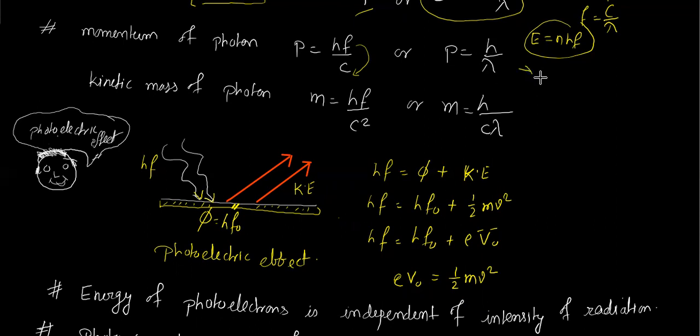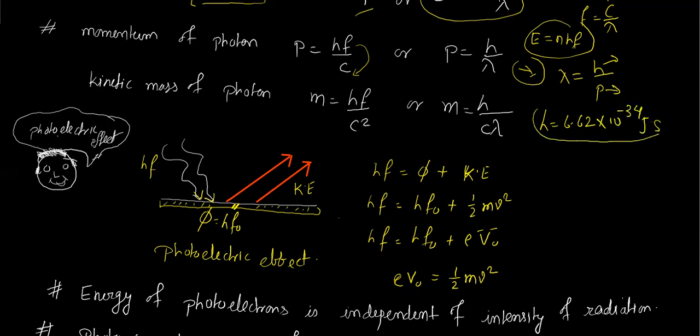If you want to remember this, just recall the de Broglie wave equation, where the de Broglie wavelength is the ratio of Planck's constant and momentum. The value of Planck's constant is 6.62 into 10 raised to the power minus 34 joule second. This is just a revision.